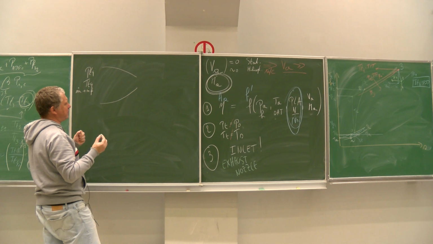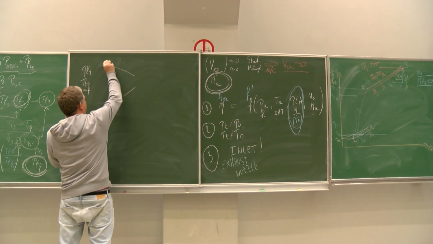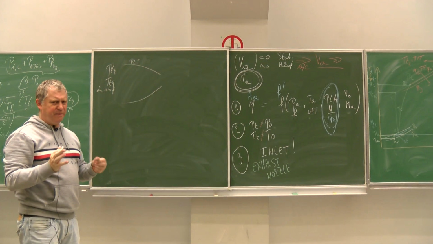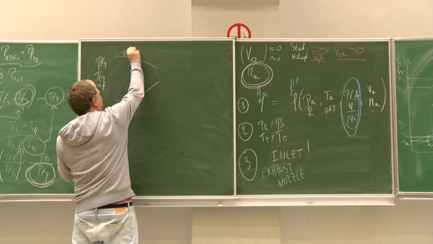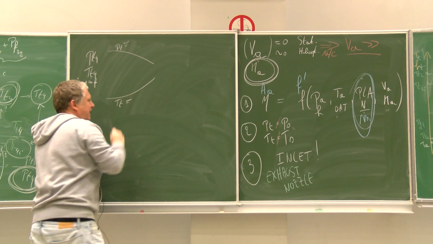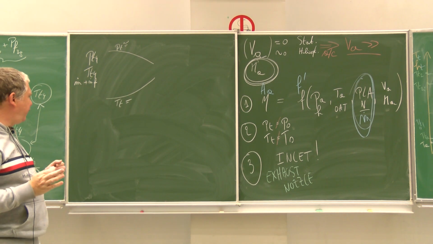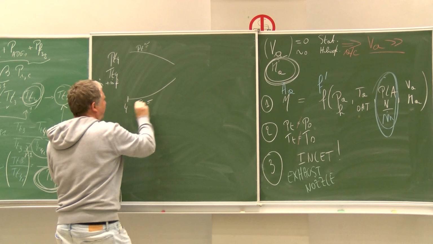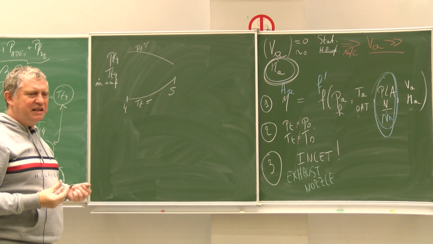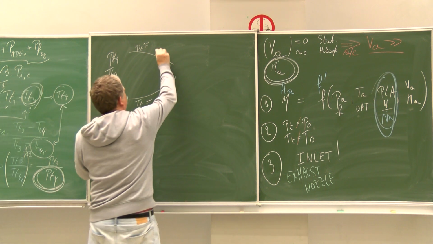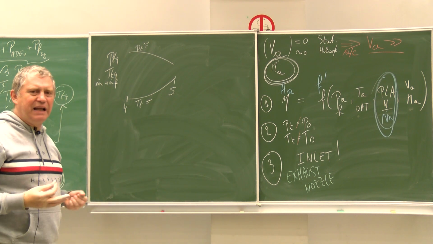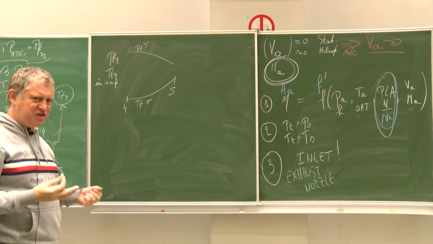A pure converging nozzle. So I will consider, as I said to you, that PT is a constant. It's not very important, even if in reality this is approximately right. I will consider that TT is a constant. This is fully right. So between the section 4 and the section 5, I have constant PT, constant TT. If you would say that PT is a bit lower, you take PT5 is 98% of PT4, it is not changing the problem.